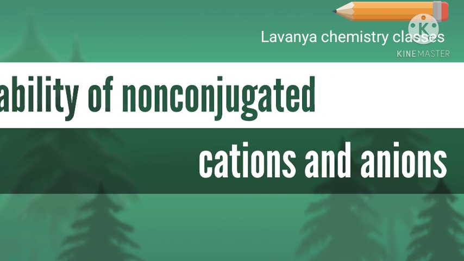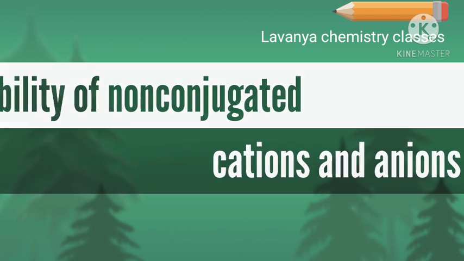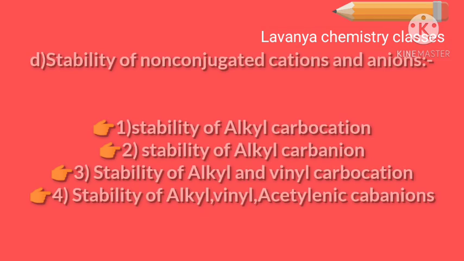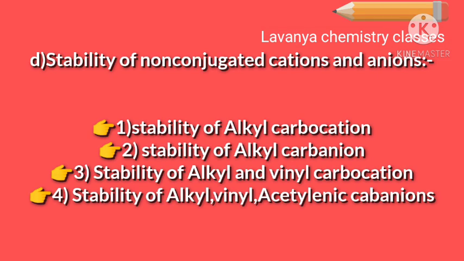The first is stability of alkyl carbocation, the second is stability of alkyl carbanion, the next is stability of alkyl and vinyl carbocation, and the fourth is stability of alkyl, vinyl and acetylenic carbanions. These are the four steps for observing the stability of non-conjugated cations and anions.